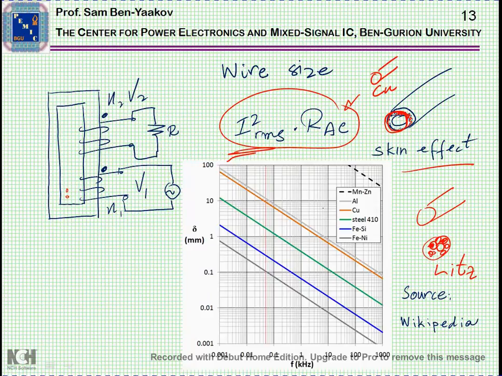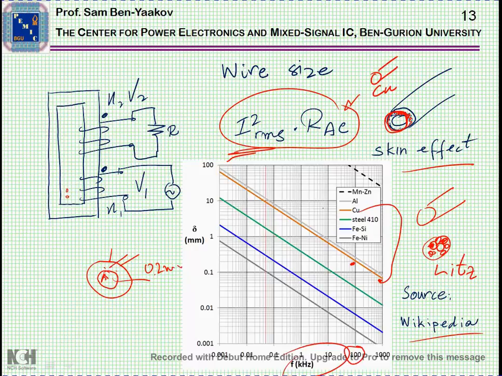Now here, taking from Wikipedia, I've brought the skin depth as a function of frequency for a number of materials. Here is copper. So we see that at 100 kilohertz, the skin depth is, say, 0.2 millimeter. This would say that if you have a wire and this is the diameter, then the charge will concentrate at a thickness of 0.2 millimeter.